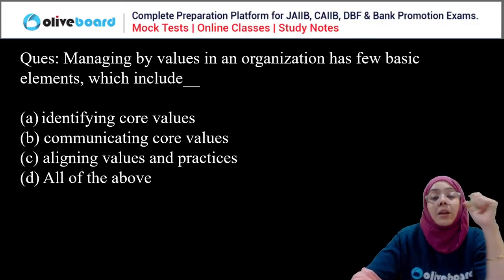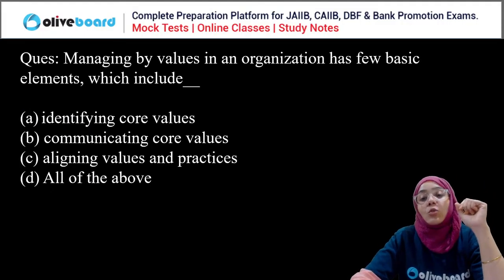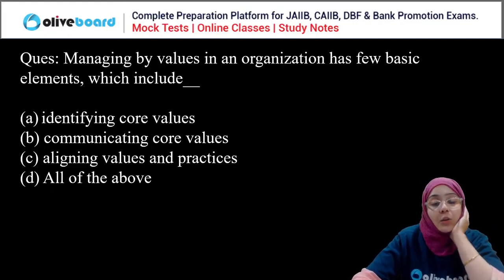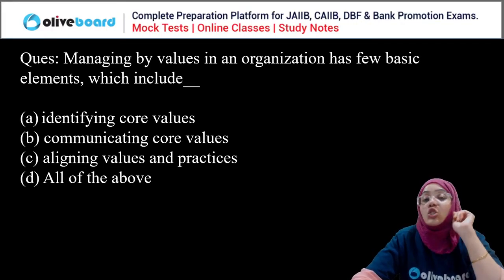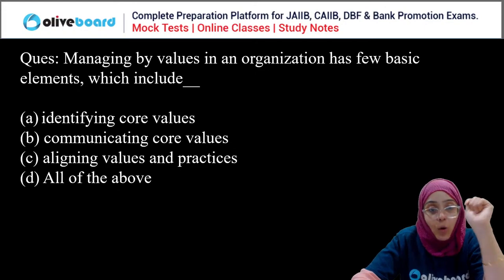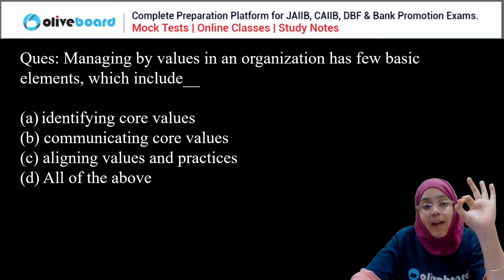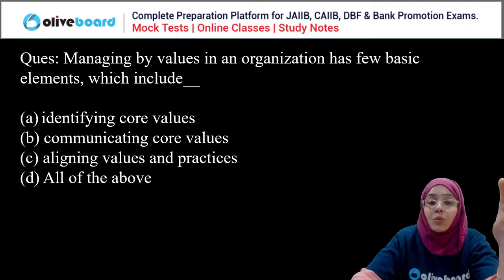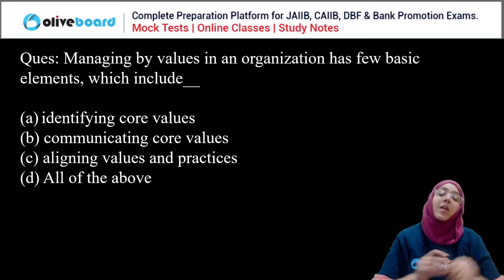Okay, next question. Managing by values in an organization has a few basic elements which include what? Identifying core values, communicating core values, aligning values and practices, or all of the above.